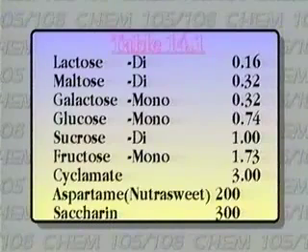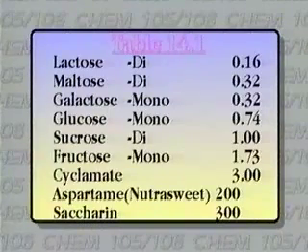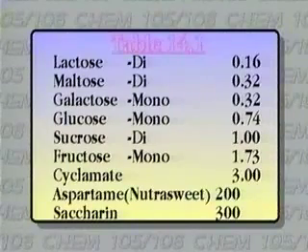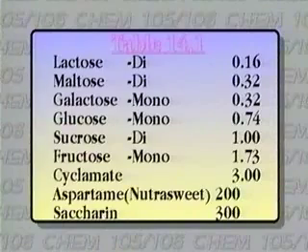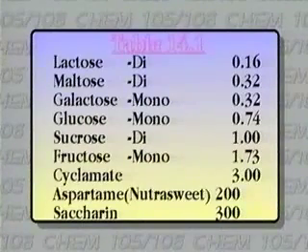So you don't really detect any sweetness when you drink milk, even though there is that carbohydrate in there that would have some sweetness to it. It's a pretty low sweetness when we compare it to table sugar. All right? Now the last 3 are artificial sweeteners.